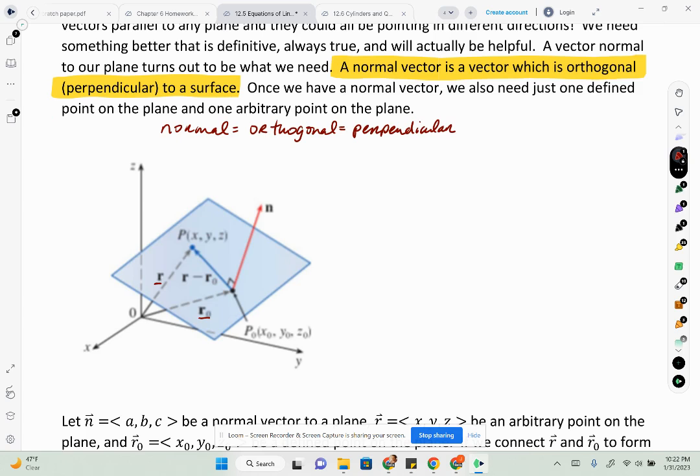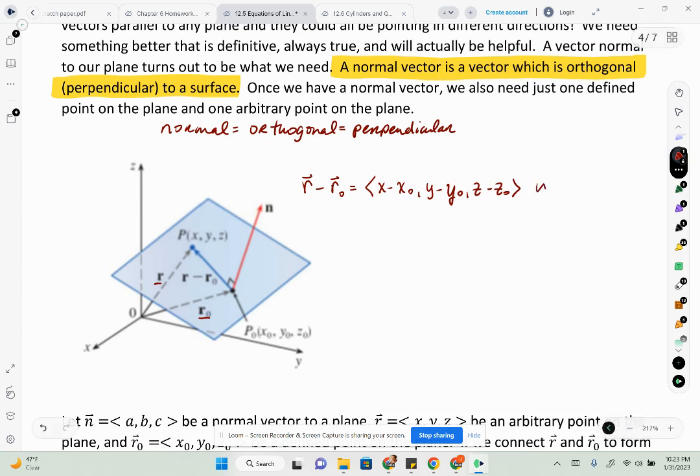Now, if I was to take the r and the r naught and create a vector, so by taking r minus r naught, what that's going to give me is x minus x naught, y minus y naught, and z minus z naught.